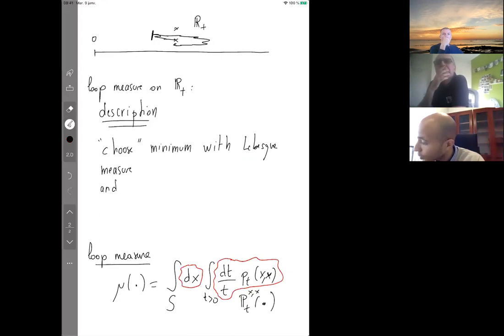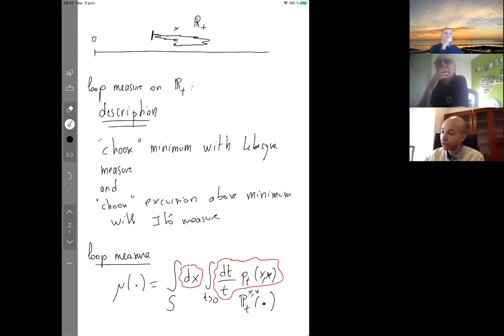And then once you have the minimum, because you are at the minimum, the loop will be an excursion above the minimum. So you choose an excursion above the minimum with just the Ito measure, but restricted to positive excursions.